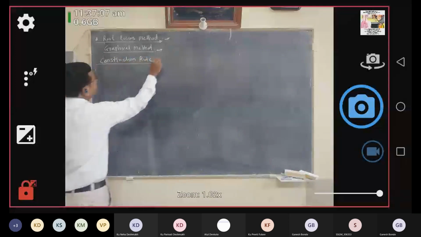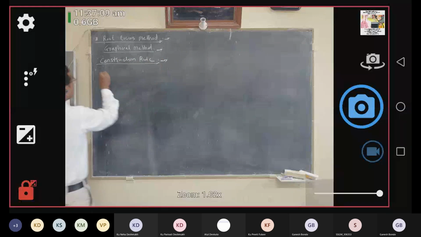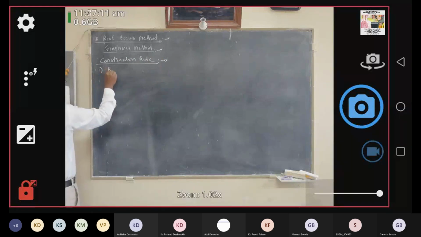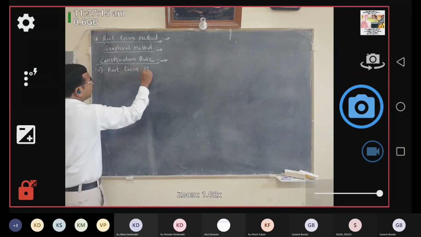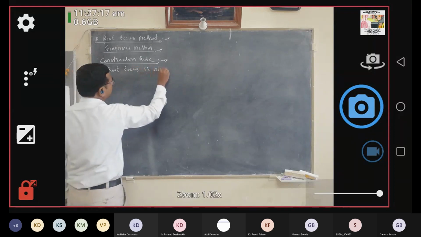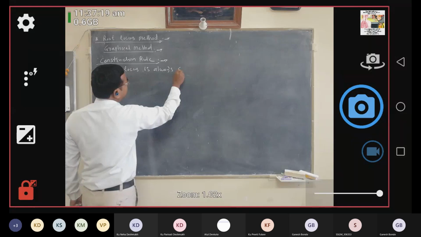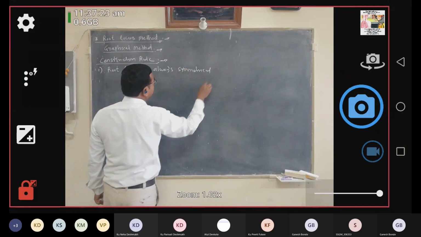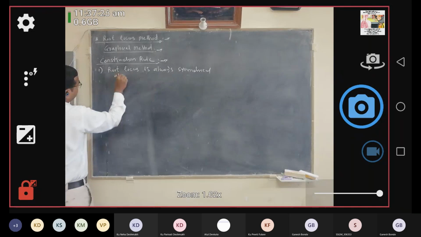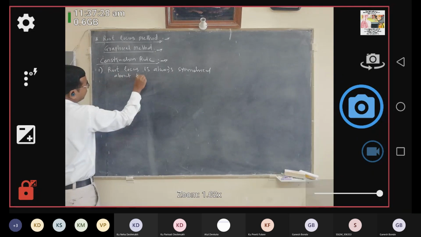Rule number 1: the root locus is always symmetrical about the real axis. Why is it symmetrical about the real axis?